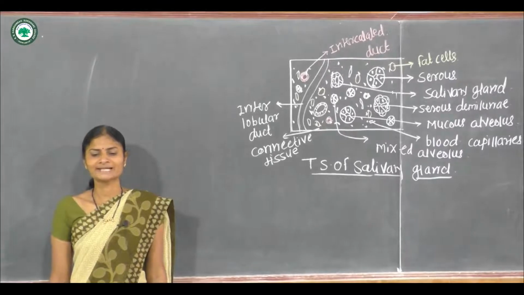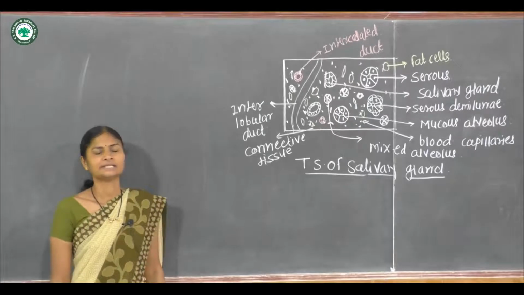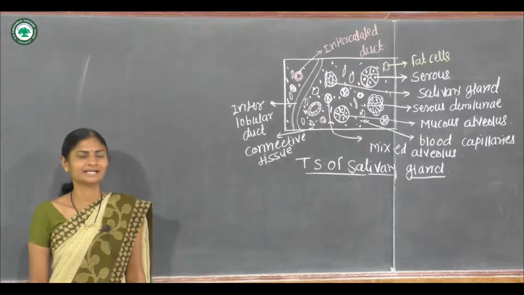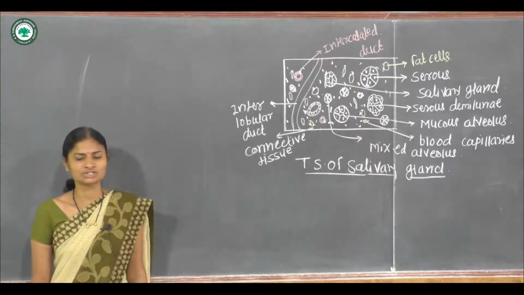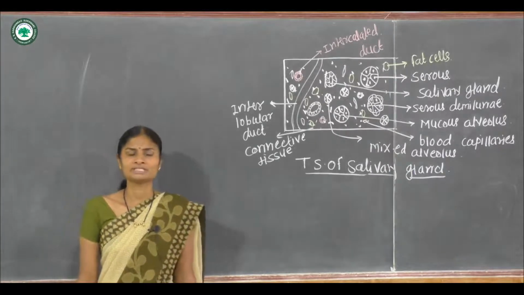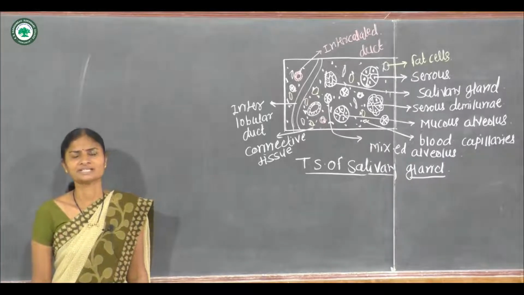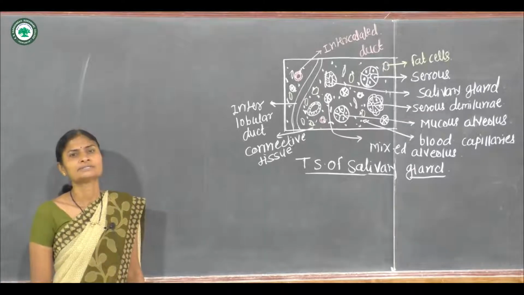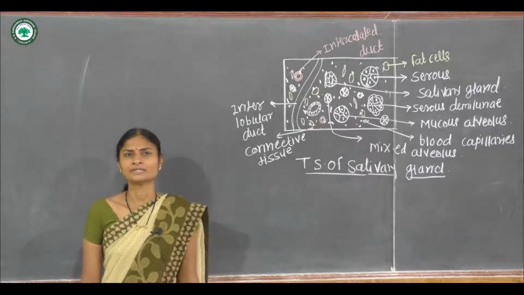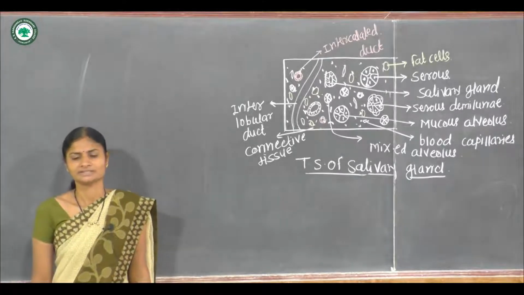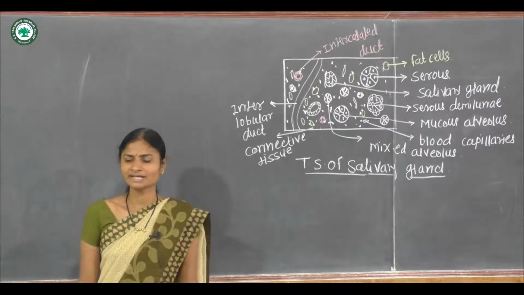The digestive glands are the salivary glands as well as the liver and pancreas. The salivary glands pour their secretion into the mouth cavity, and the liver and pancreas secrete their secretion into the small intestine part, that is the duodenum, through the hepatopancreatic duct.